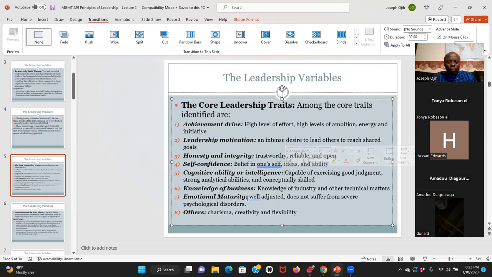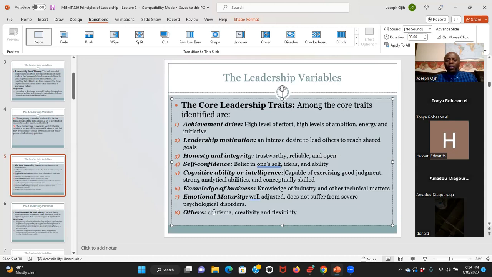Now, emotional maturity: they are well adjusted and do not suffer from severe psychological disorders. Even if they do, they have a way of managing it, and you will not even know that something is going on in their lives.